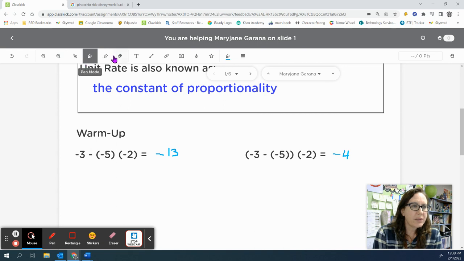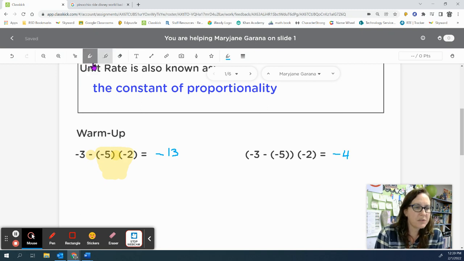We start with what on the first one? We have 3 take away negative 5 times negative 2. So we have a takeaway and a multiplication. We've got subtract and multiplication. Which one are we going to do first? Okay, we are going to do multiplication first. We have to take care of the multiplication first.